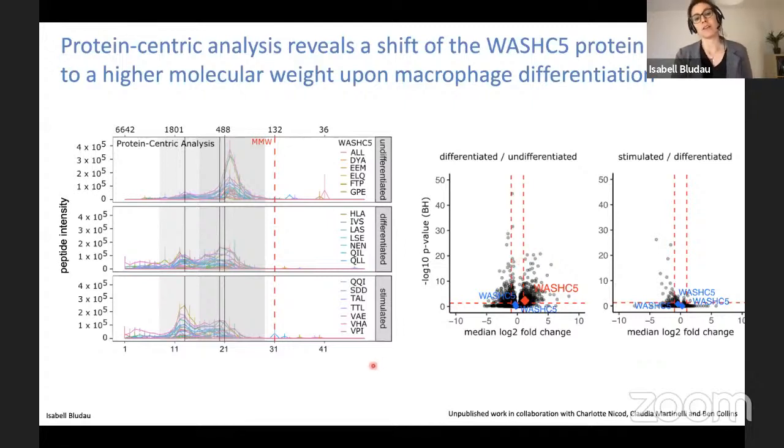This is a specifically interesting protein because we wouldn't have picked it up by a standard proteomics workflow, because it doesn't change its overall abundance. The abundance stays the same across the 3 conditions, but we see this shift from a lower to a higher molecular weight range.